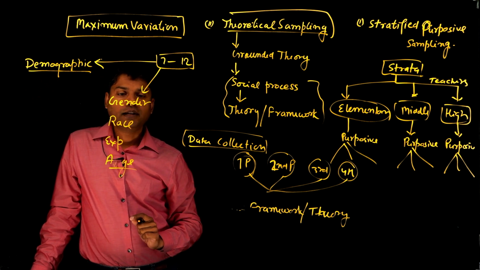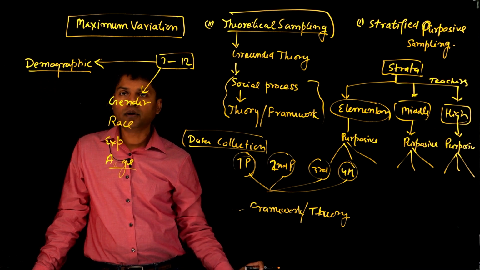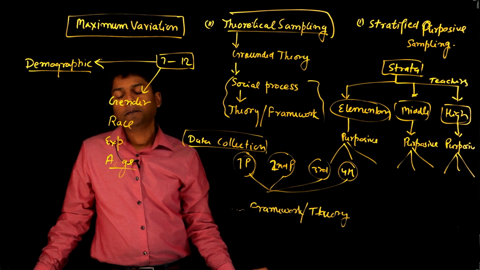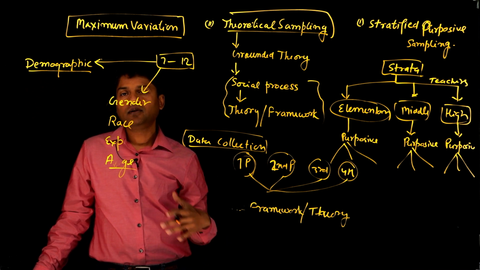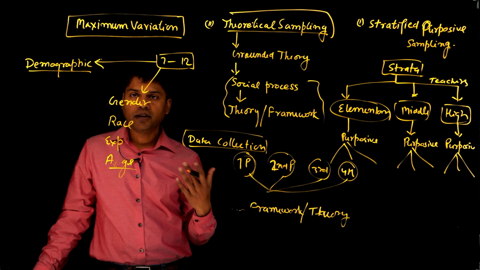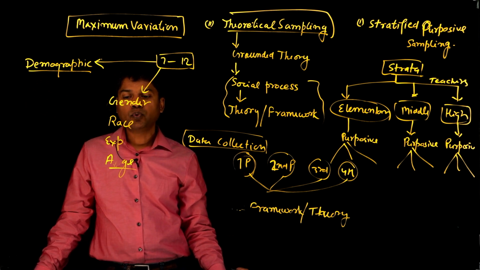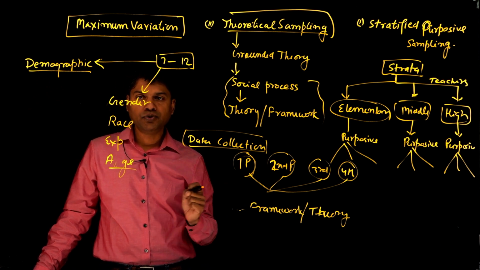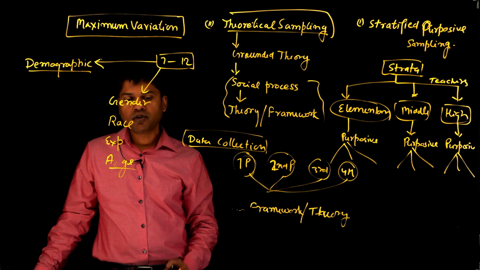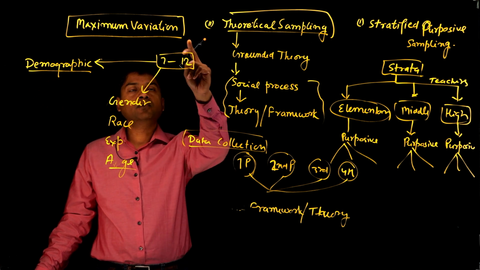Let's say I remember one study which I did where I wanted to understand therapists' experiences of empathy and compassion in their practice, in their therapeutic interaction with their clients. When I was selecting participants for my study, I was using purposive sampling. But within that sampling, I tried to have maximum variation.